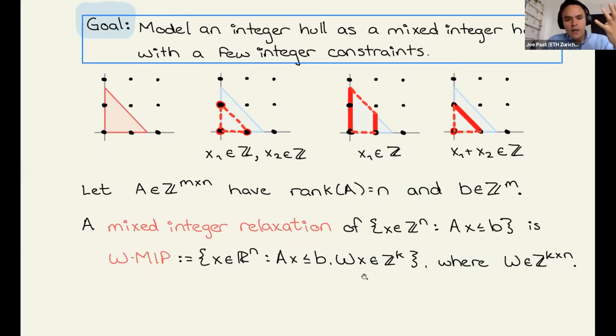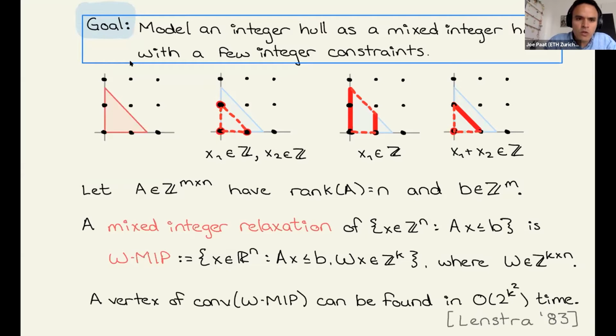Okay. So why are we interested in modeling the integer hull? Well, perhaps for many reasons, but the reason that we are interested in for this talk is that if you give me any of these mixed integer relaxations and you take the convex hull, then you can find a vertex of this convex set in this amount of time, so about 2 to the k squared.